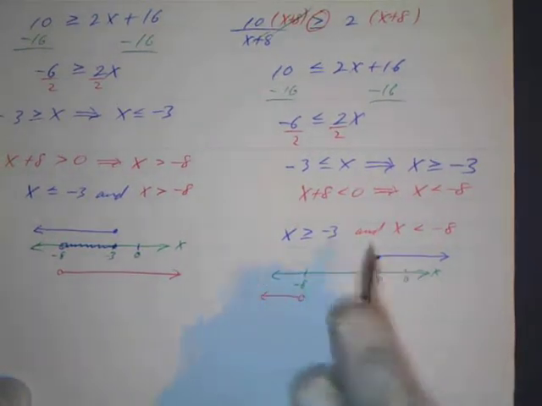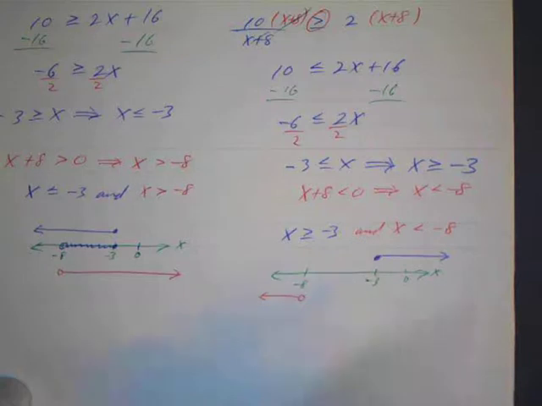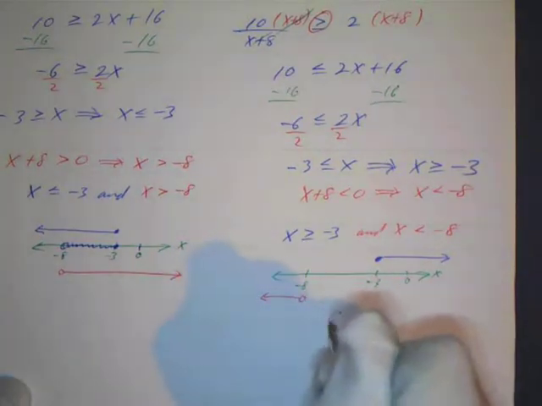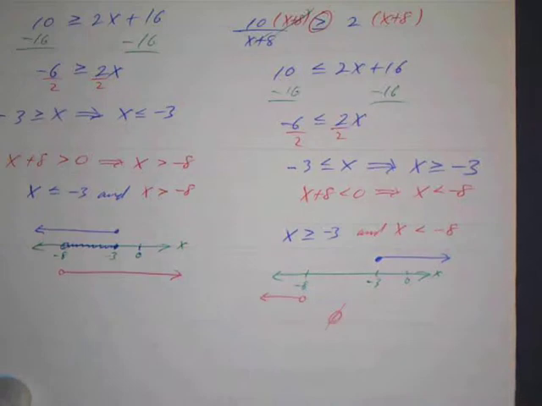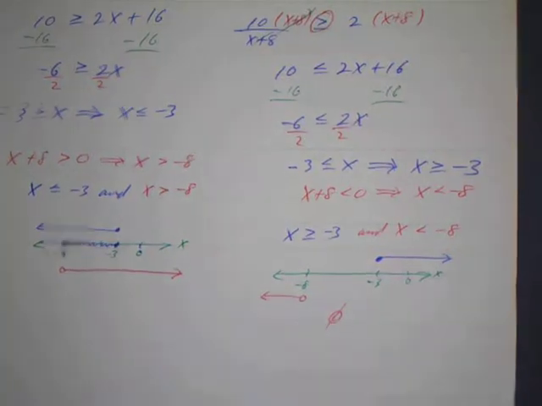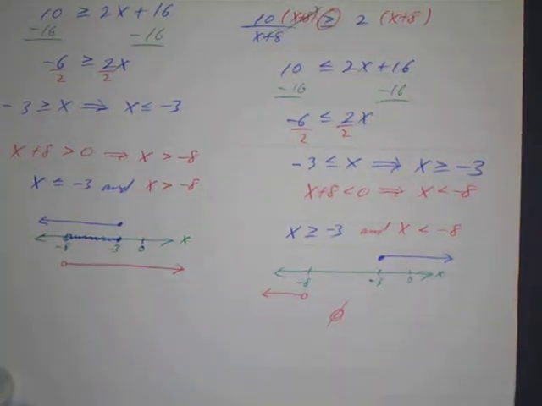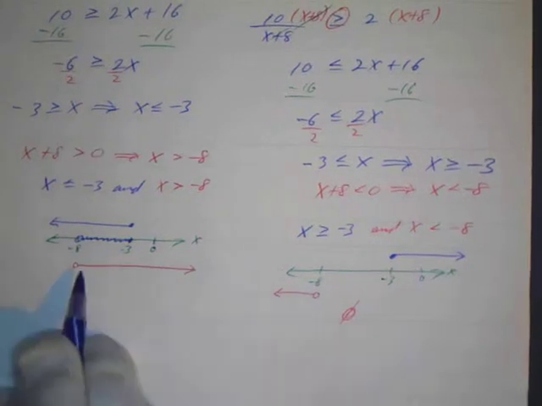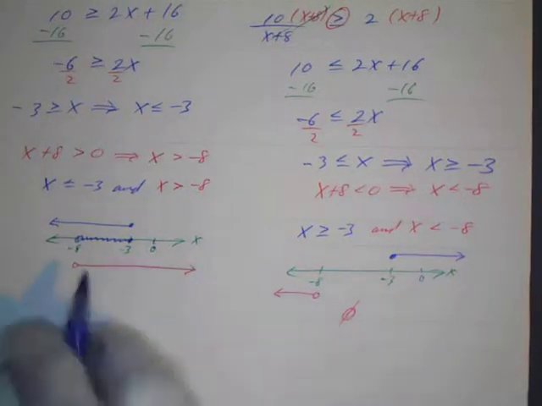There's no points where we have two lines because this is a conjunction. So this is just the empty set, or no solution.